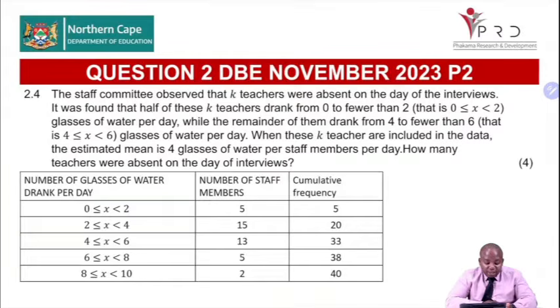Welcome back, grade 12. Let us look at 2.4. 2.4 reads as follows. The staff committee observed that K teachers were absent on the day of interviews.